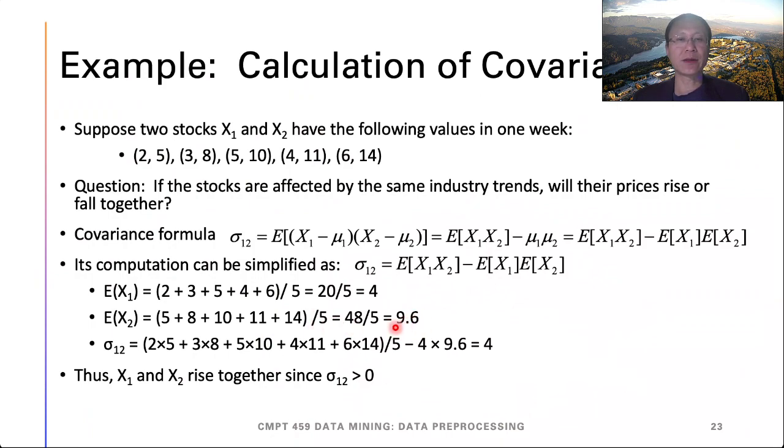Then we can calculate sigma 1,2 as (2 minus 4) times (5 minus 9.6) plus (3 minus 4) times (8 minus 9.6) and so on. So you can get the covariance to be 4. And because the covariance is positive, that means x1 and x2 may rise together.